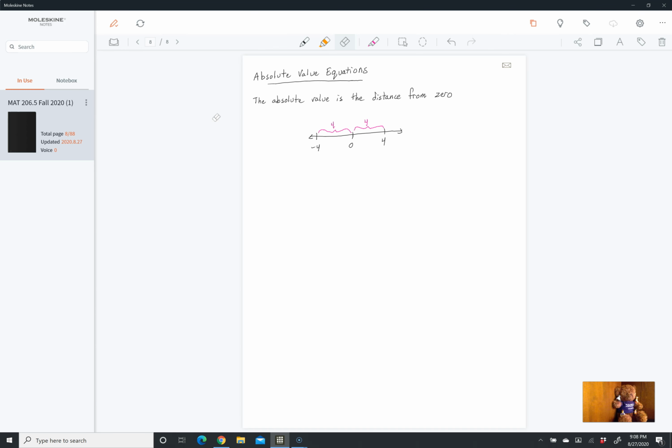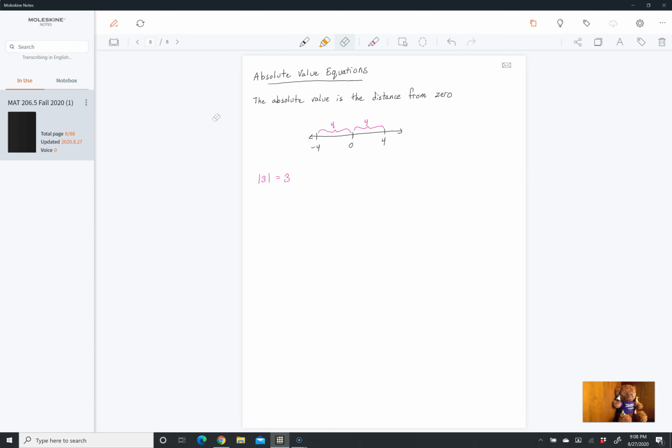So the way that we describe this is using absolute value, okay? And the way that we show this is with 2 bars. So we say the absolute value of 3, let's say, is 3. 3 is 3 units from 0.